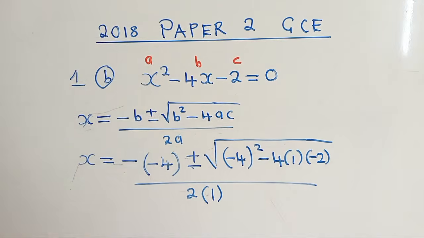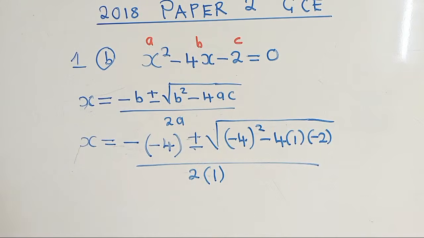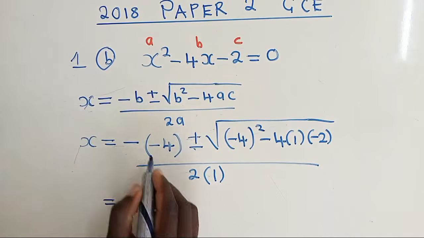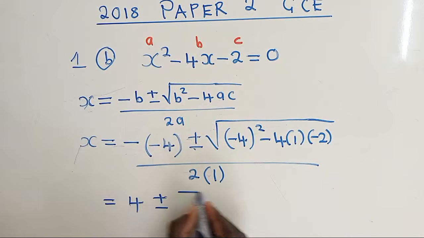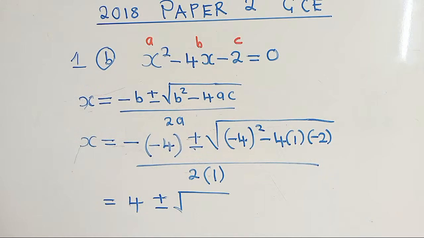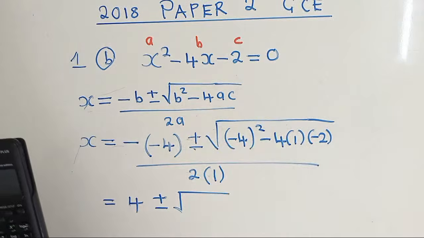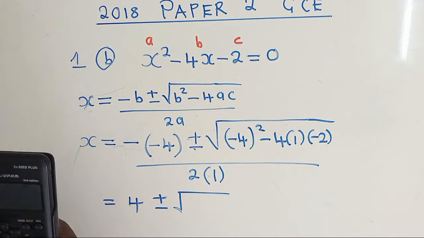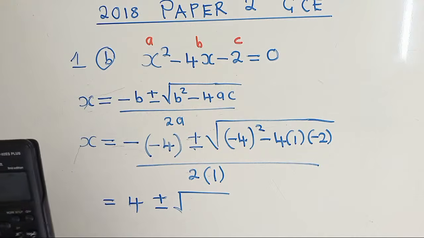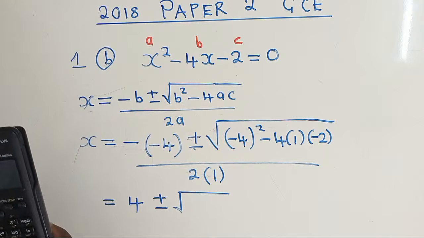So now we're at this point. To work it out, you just say equal to 4, negative and negative gives a 4, plus or minus root. At this point, without wasting your time, you can work out what is inside there: negative 4 squared minus 4 open bracket 1 and negative 2.